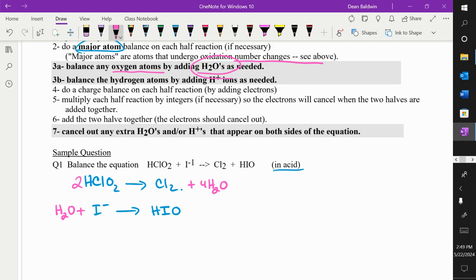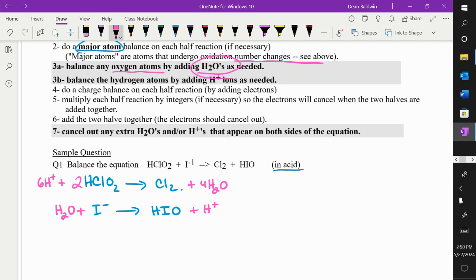And I'm going to add 6 of them. Okay. 6 protons. Now I've got 6 plus 2 is 8, and I've got 8 here. And then the bottom one, I've got 2 hydrogens on the left, and I've got 1 on the right. So I need to add 1 hydrogen or 1 proton on the right-hand side. Boom. Are we good? Okay.